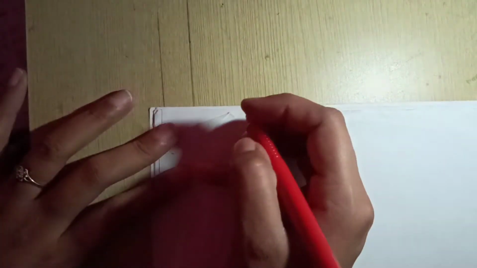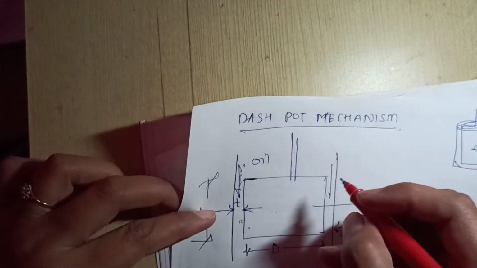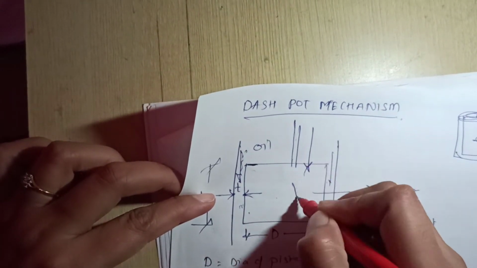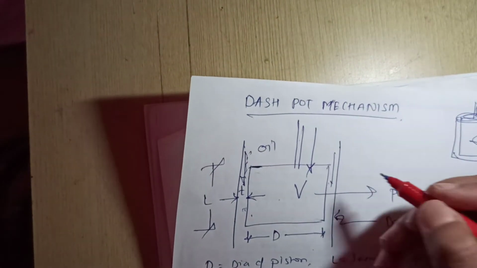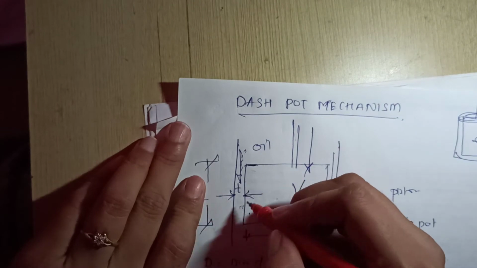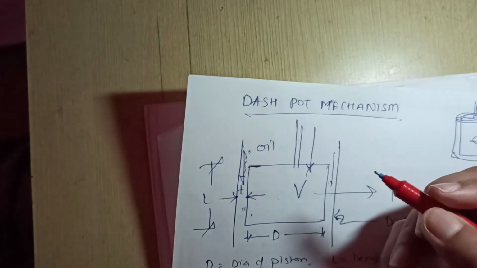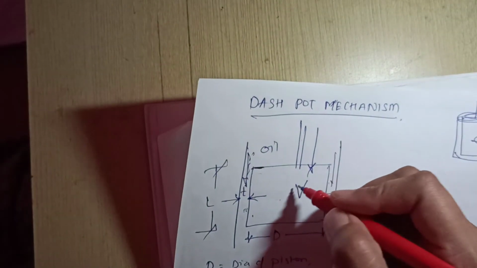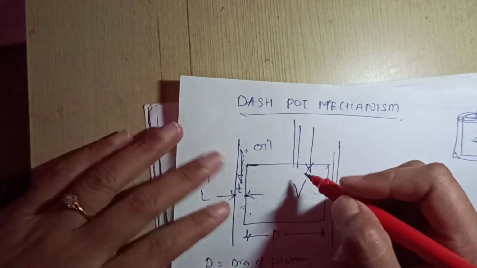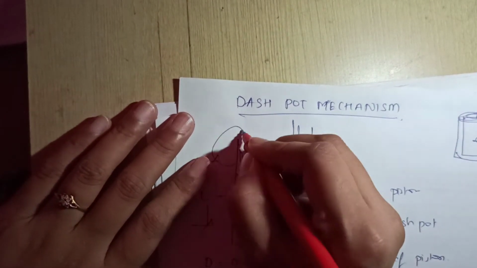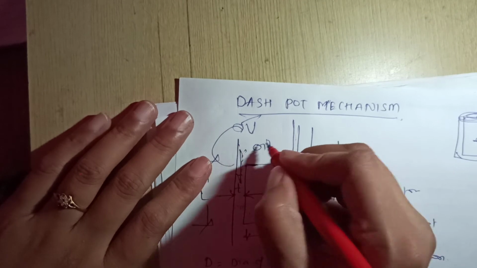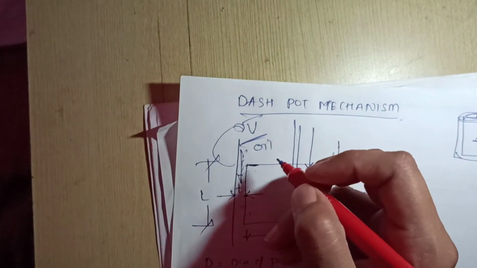Now further, the velocity of the piston is capital V. If you move the piston forward, the oil will start moving outside in the opposite direction, and the velocity of that oil will be U average.